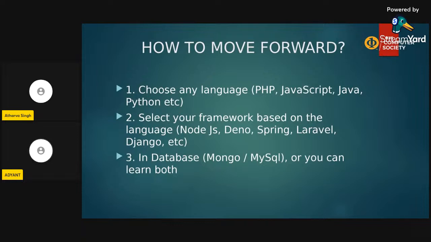MERN stack consists of MongoDB, Express, React, and Node. These are the major four technologies that make up the stack. Express and Node make up the middle tier. MERN stack is a JavaScript stack that is used for easier and faster deployment of full stack web applications.